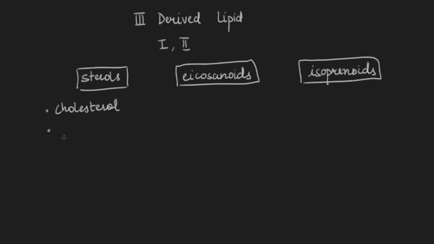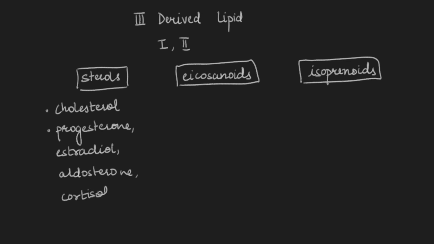Cholesterol further is used in synthesis of several hormones and vitamins. Hormones like progesterone, estradiol, aldosterone, cortisol are synthesized from cholesterol, and vitamin D as well.